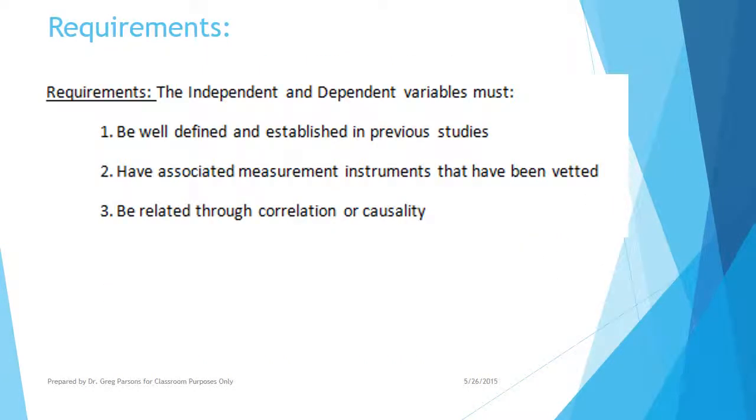Well, the requirements need to be that the variables are established, that they're well defined, that they're considered in the research to be valid measurements of something, that there are instruments available that have been vetted that prove that the measurement instruments produce valid data, and that we're also looking for some sort of correlation between the independent and dependent variables.